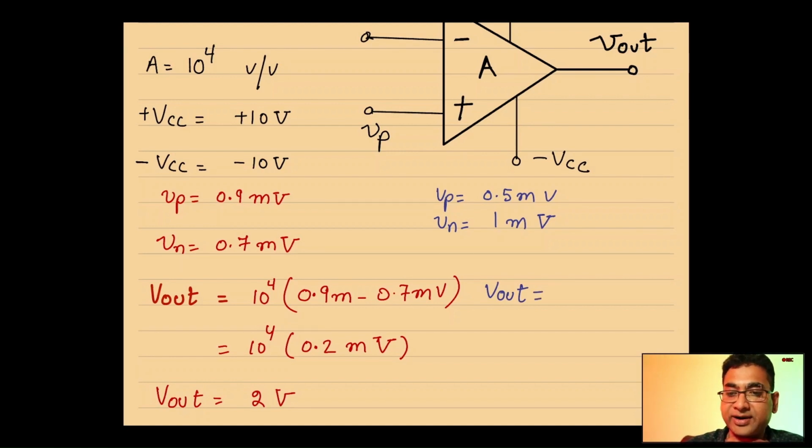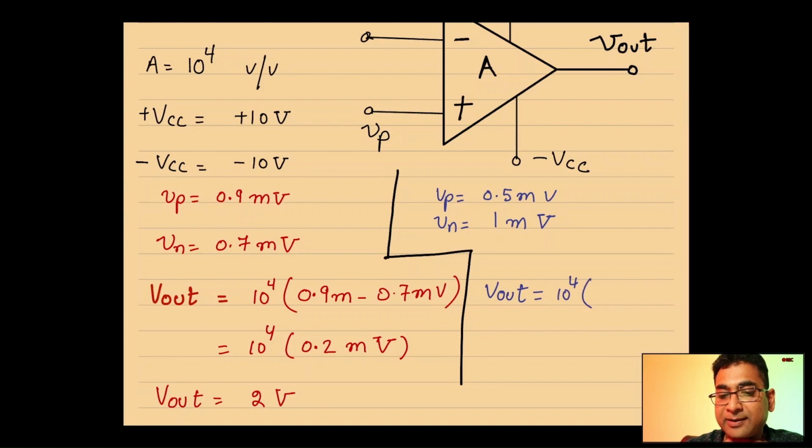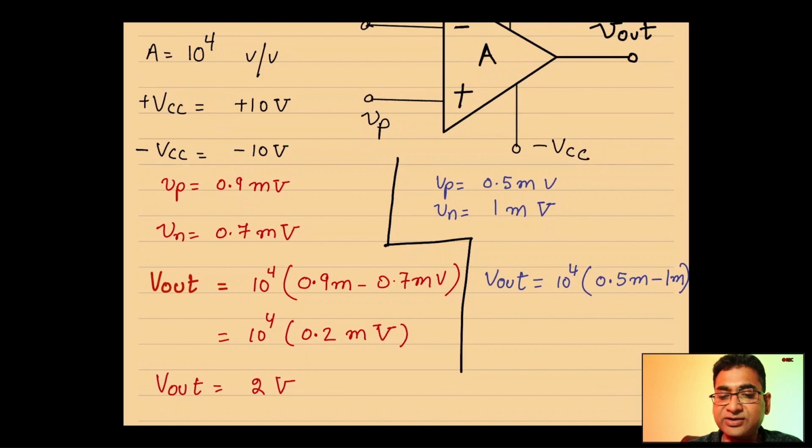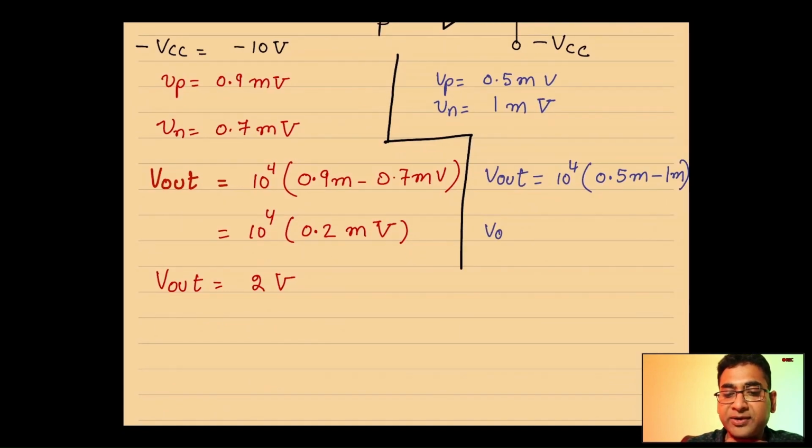Remember, they're color coded. V output would be your A, which is 10 to the 4, multiplied by VP minus VN. So that's going to come out to be 10 to the 4 times negative 0.5 millivolts, so it's going to be negative 5 volts.